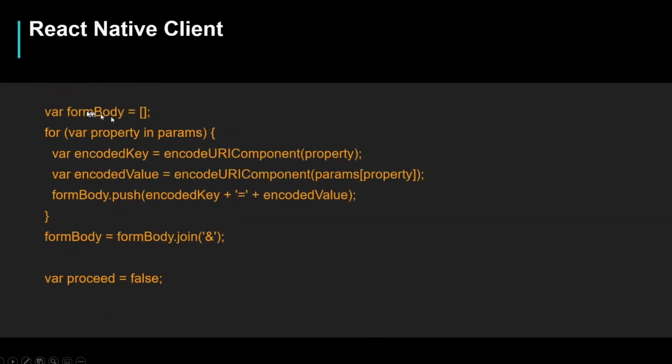Then I just loop through the parameters, URL encode them, and put them together. This basically forms the form body. Well, that's why it's called form body. It's the HTML expression of a form request.